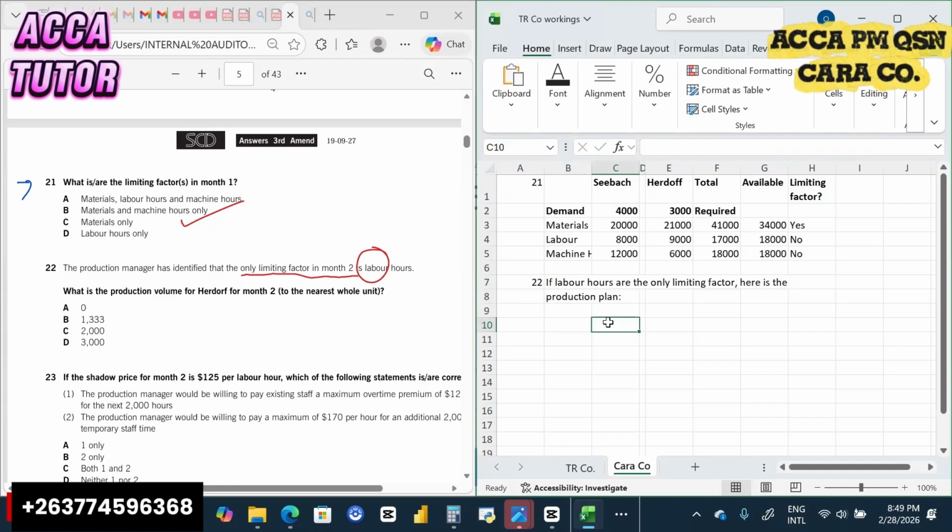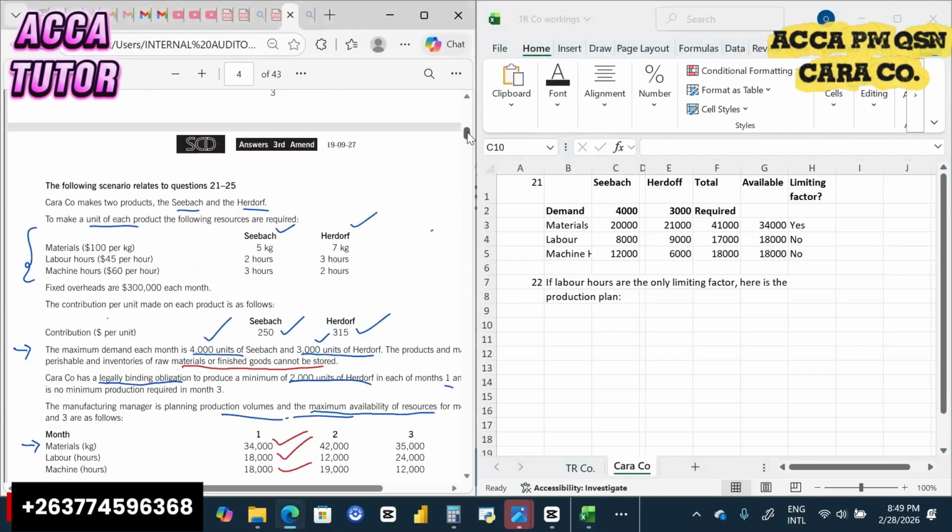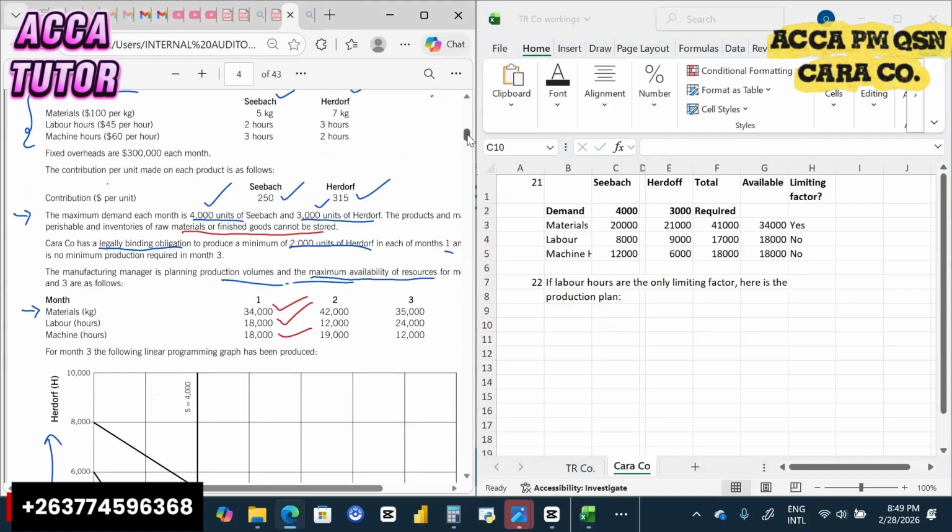Okay, let me get back to the question to come up with the production plan. We have got C batch. We have got head off. Don't mind my spelling there for the head off. I wrote S and H. I don't know why people will write it in full. Okay, all right, that's fine.